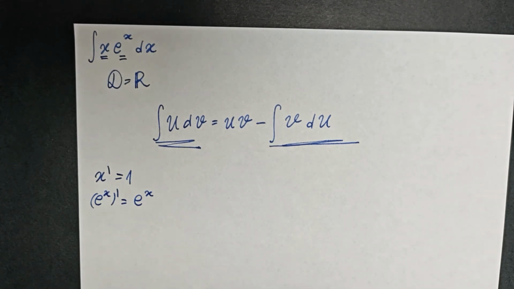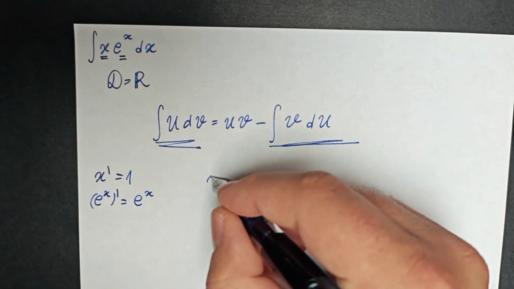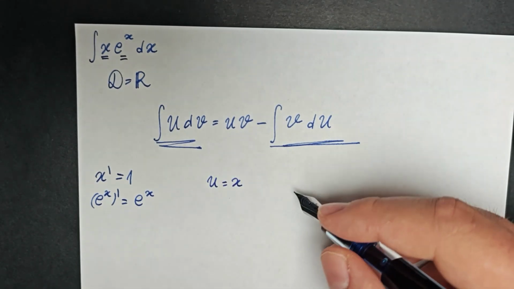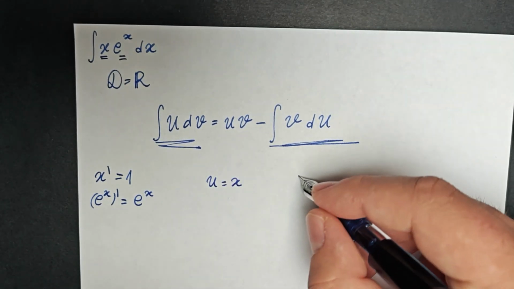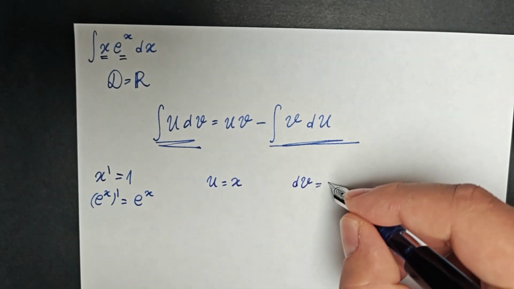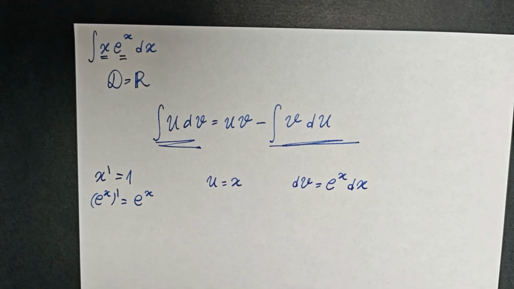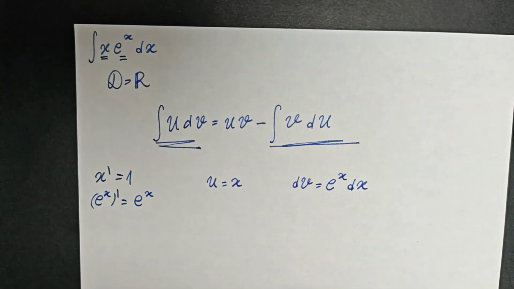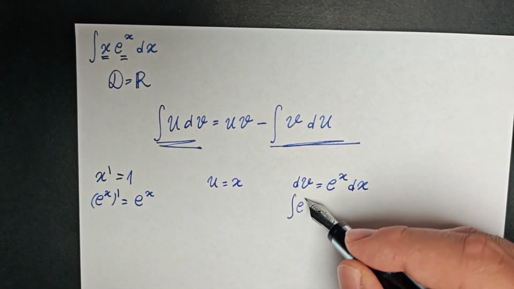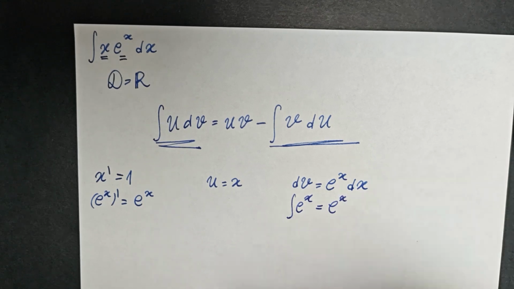That gives us a pretty good idea that u has to be x and that we should take for dv the remaining factor e to the power x dx. Unless e to the power x becomes more complicated when we integrate it, which it doesn't. The integral of e to the power x is just e to the power x.